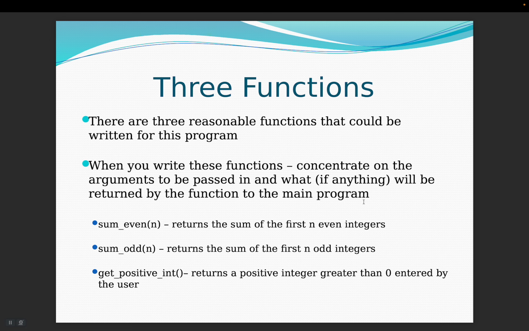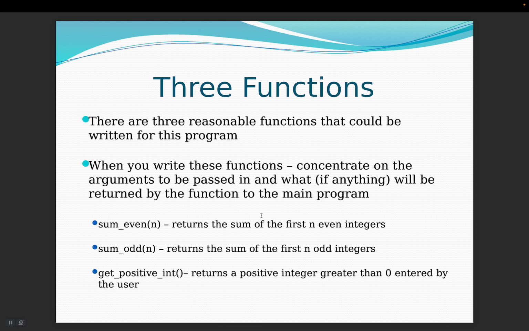When you write these functions, concentrate on the arguments to be passed in and what, if anything, will be returned by the function to the main program. So here are the three functions that we can define. We call this one sum even, so the sum of the even numbers, and it takes an argument, and the argument's variable is n.